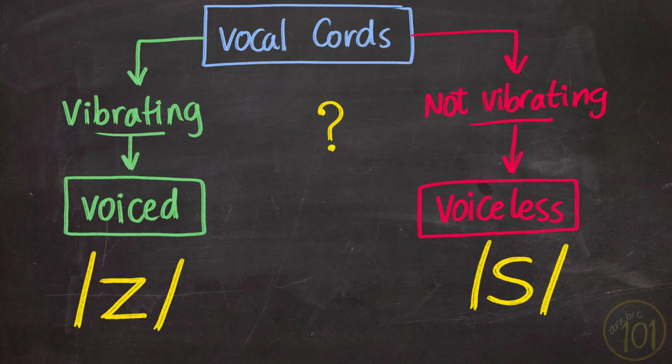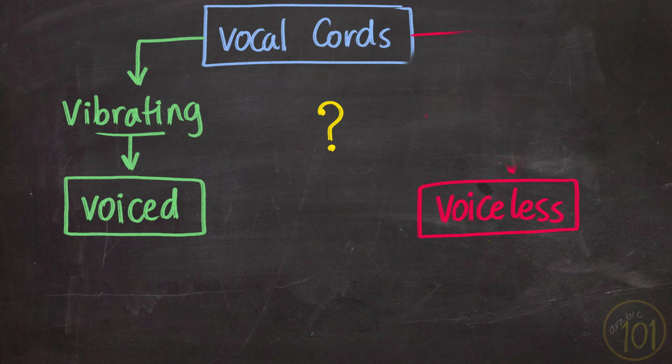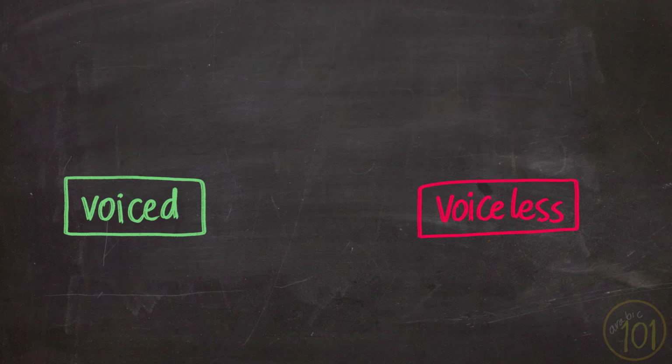It is also something that you can feel by touching your throat to notice its vibration when pronouncing a voiced sound, which is something you can try now. Z. You should feel some vibration around the area of the throat, while there is no vibration whatsoever when you're pronouncing a voiceless sound. S. So this is the difference between voiced and voiceless.